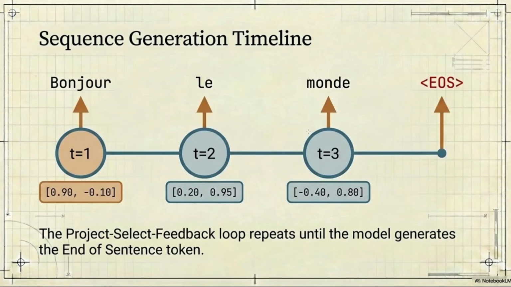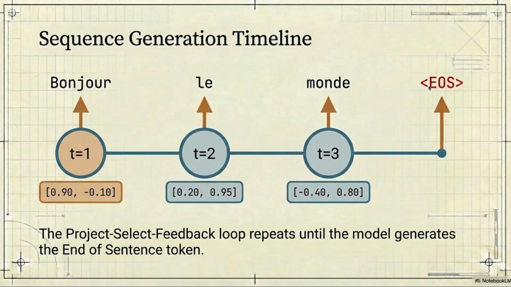Again, we repeat the cycle at t2. The model predicts le. We do that again at t equal 3. It predicts monde, and then we keep doing that until we predict the special token EOS, or end of sentence token.